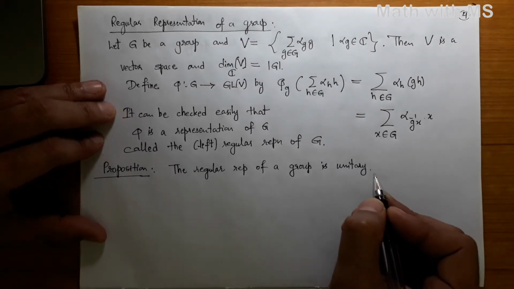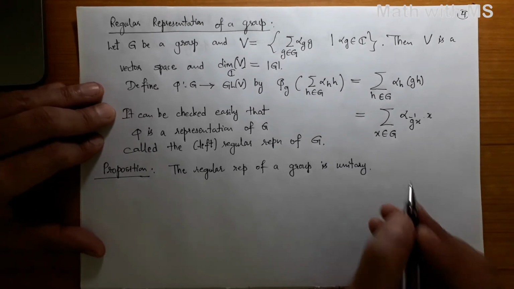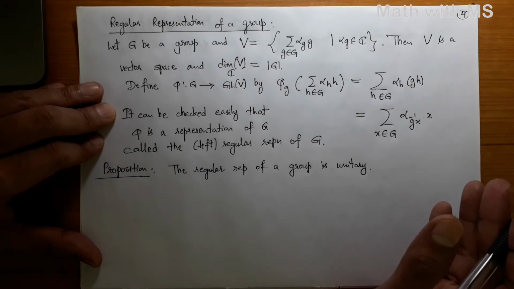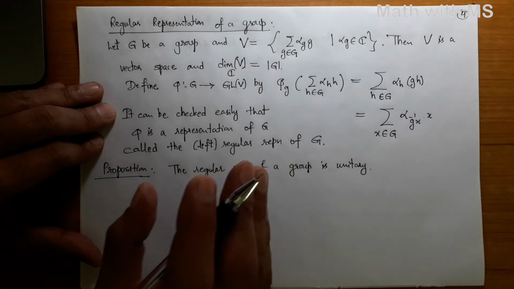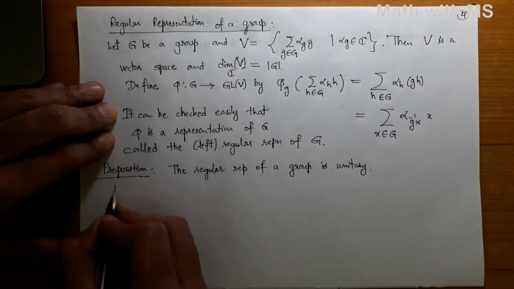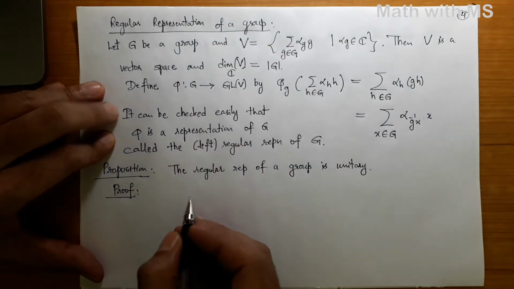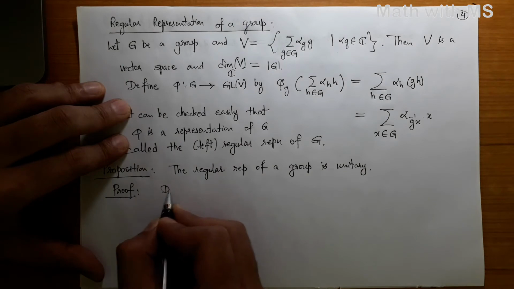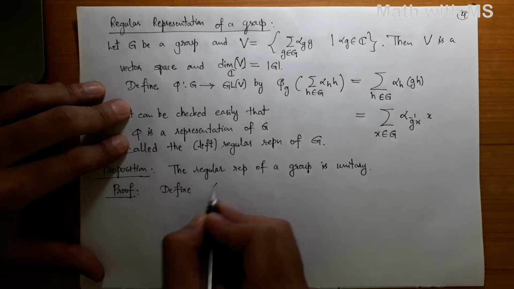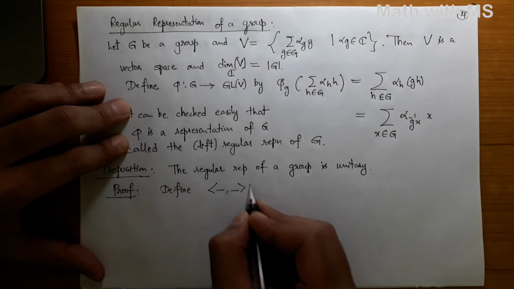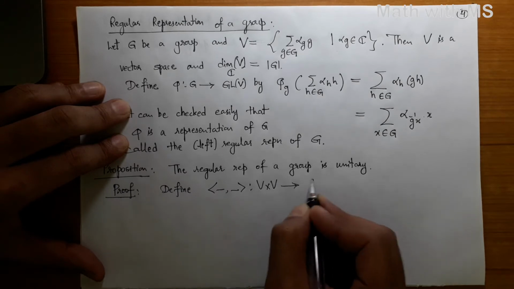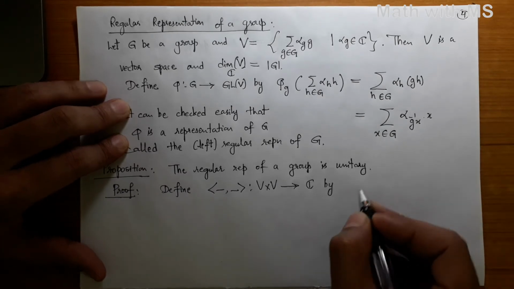We have already shown that each representation of a finite group is equivalent to a unitary representation. In fact, in this case, we can make φ itself unitary. So the proof: there is a natural inner product on V. So define it from V × V to C by the following.